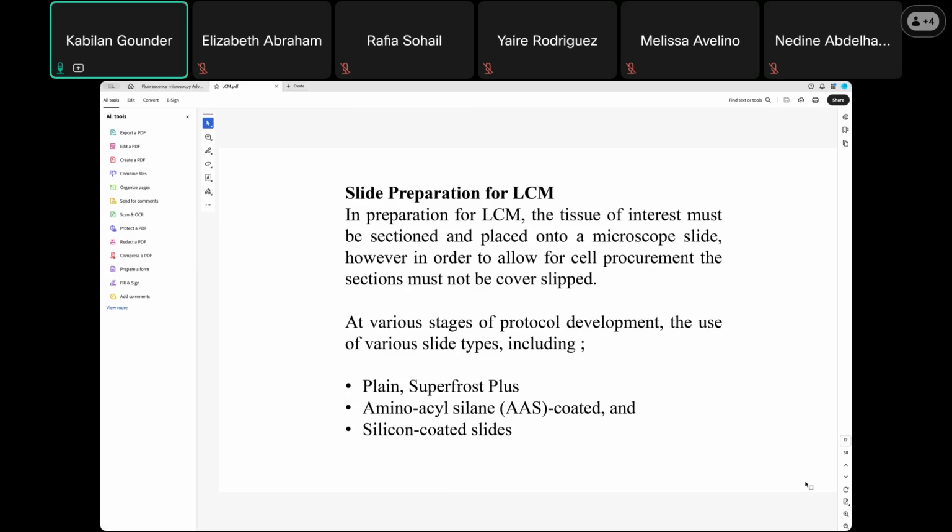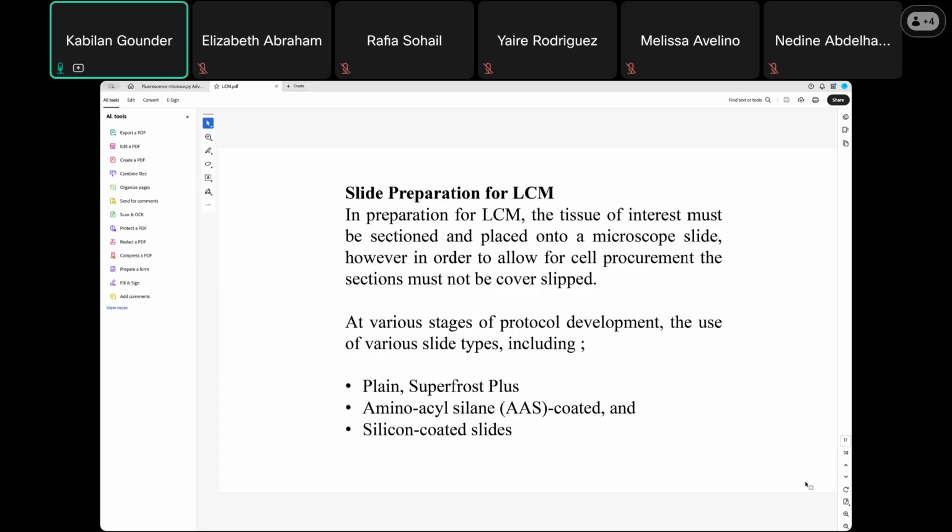So how do you prepare for this? That's another important step in this process. We already discussed this in light microscopy and fluorescence microscopy. Here we need to take some extra steps. Slide preparation is so important in this process, because you are not only observing the structure, but also going to isolate the cells for molecular analysis.